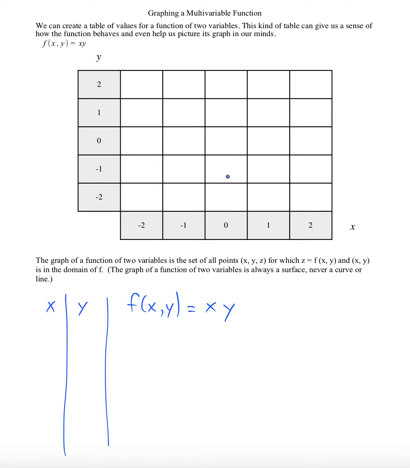All right, so I'm going to start right in the middle, at the origin, with an x of 0 and a y of 0. Then I see that f of 0 comma 0 is 0. And that's the number we want to put there. Just multiply the x times the y.